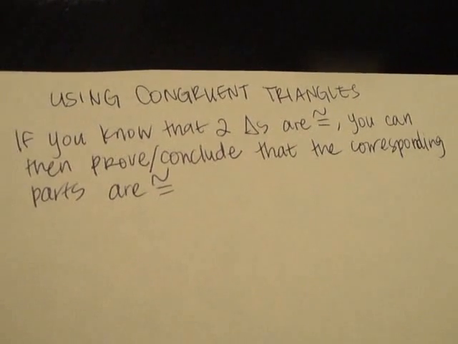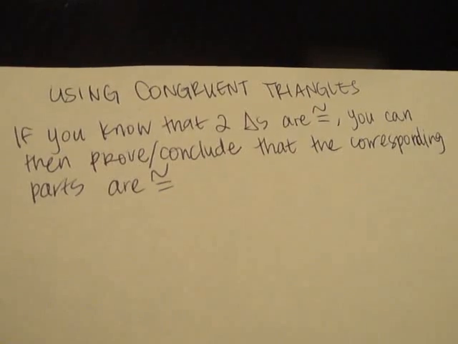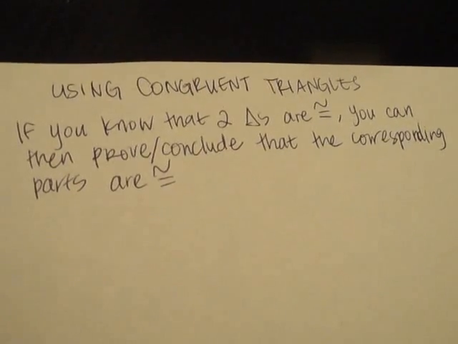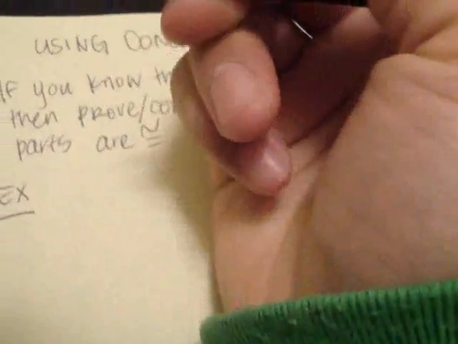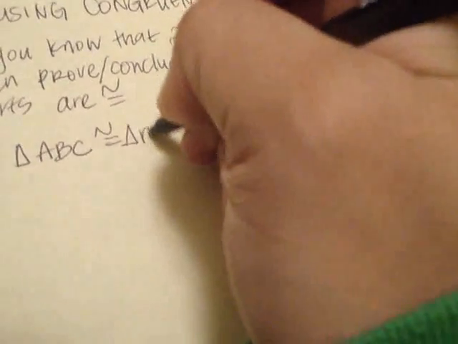Okay, so for example, pretend we know that triangle ABC is congruent to triangle DEF.